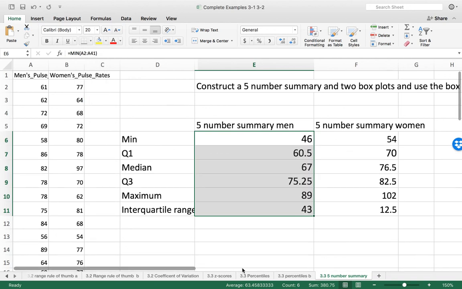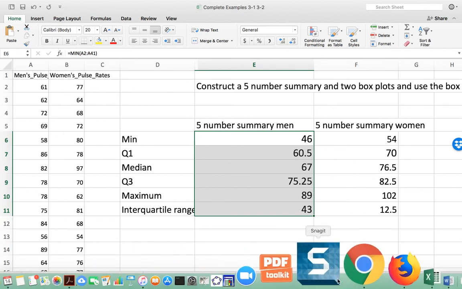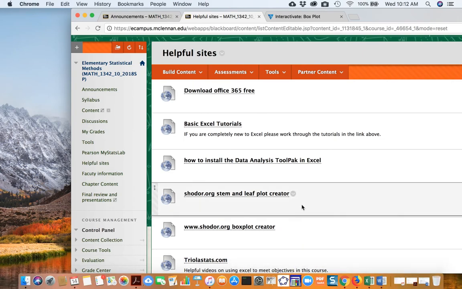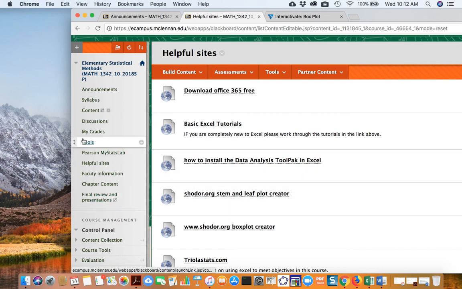Okay. Now, in your Blackboard, under helpful sites, there is a box plot creator, and I already created the box plots for this data.